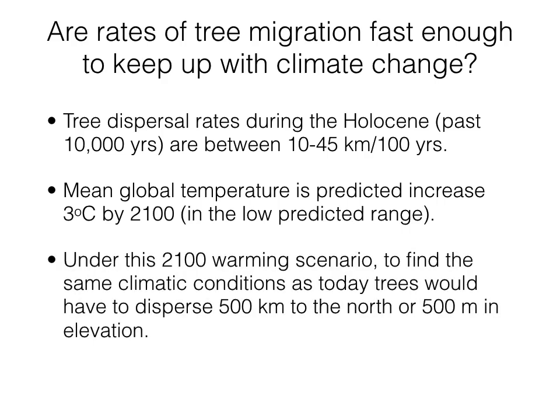So if temperatures increase 3 degrees by 2100, trees would have to disperse 500 kilometers to the north to find the same climatic conditions. My question to you is, is this possible? Can trees actually keep up with this rate of climate change? Again, you'll need to do a little calculating, but I'll put this out there as a discussion on Canvas, and let's see what your answers are.